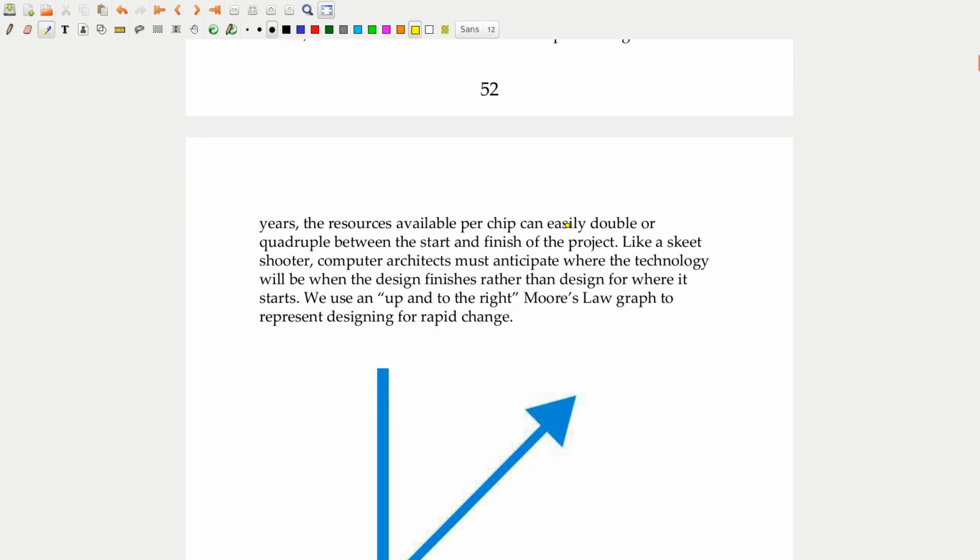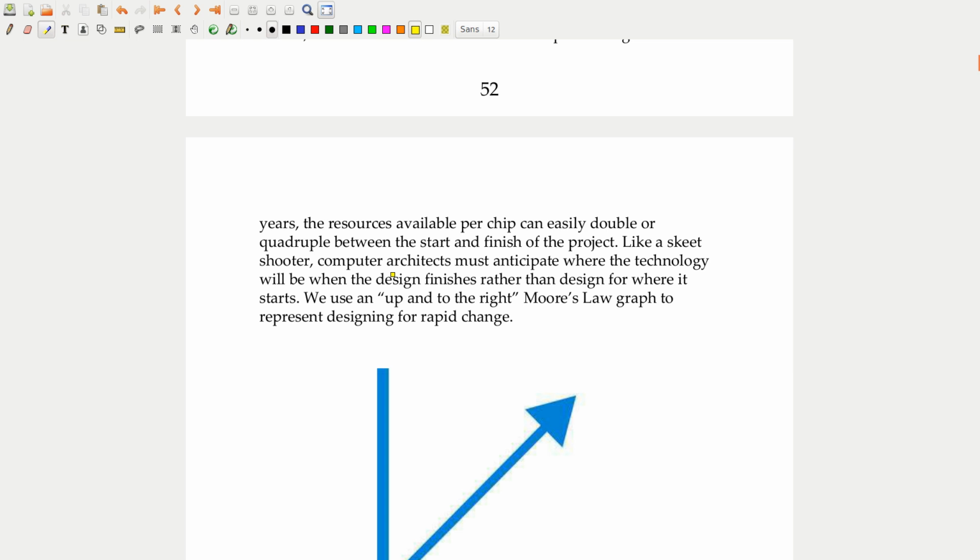So the resources available per chip can easily double or quadruple between the start and finish of a project. Like a skeet shooter, computer architects must anticipate where the technology will be when their design finishes up rather than where it starts.